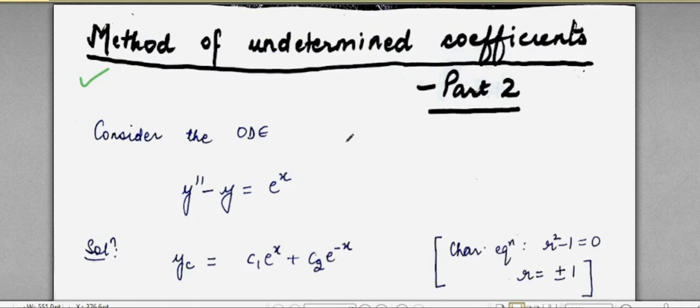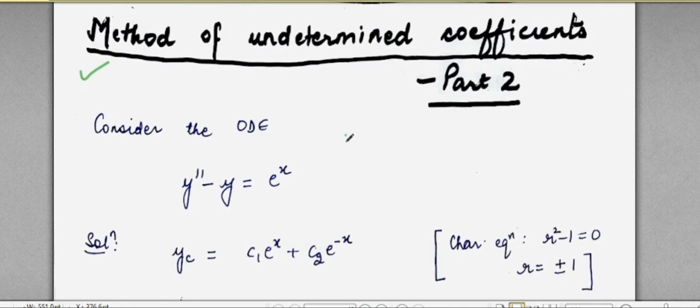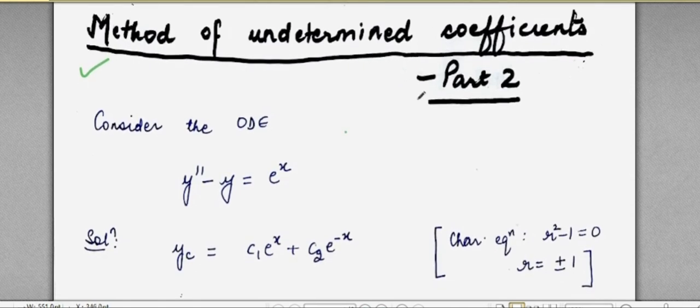So let's start with a motivation, a problem where the simple trial yp is not going to work, and how we modify it will be clear in a little while. Let's consider this differential equation: y double dash minus y equal to e to power x. You can see that it's a non-homogeneous linear differential equation.